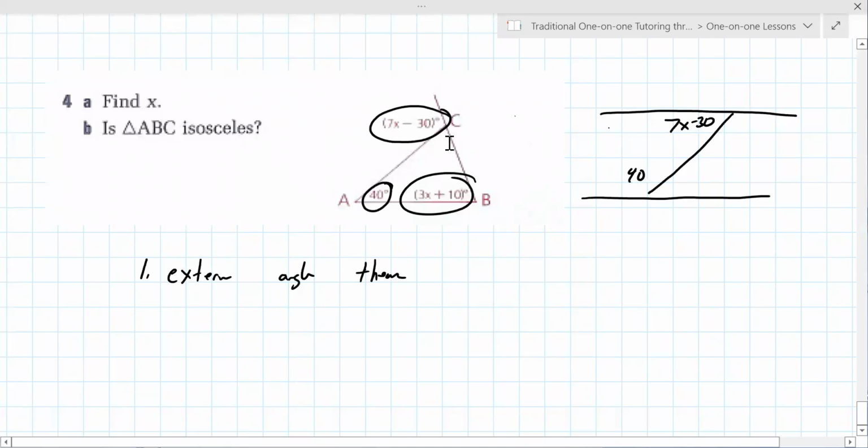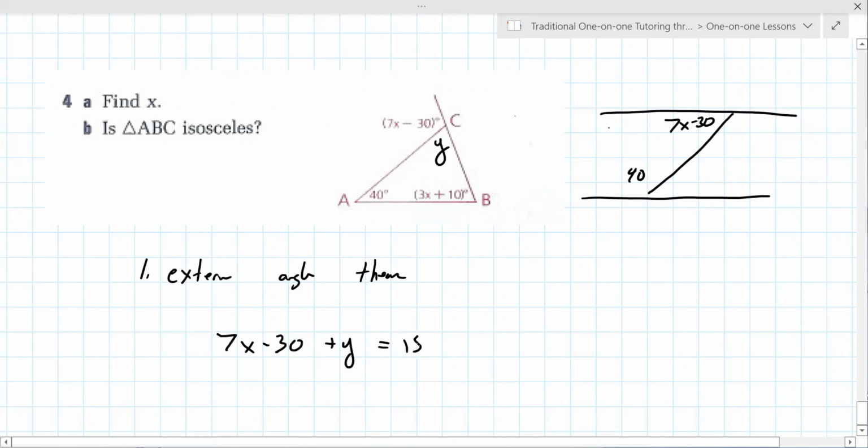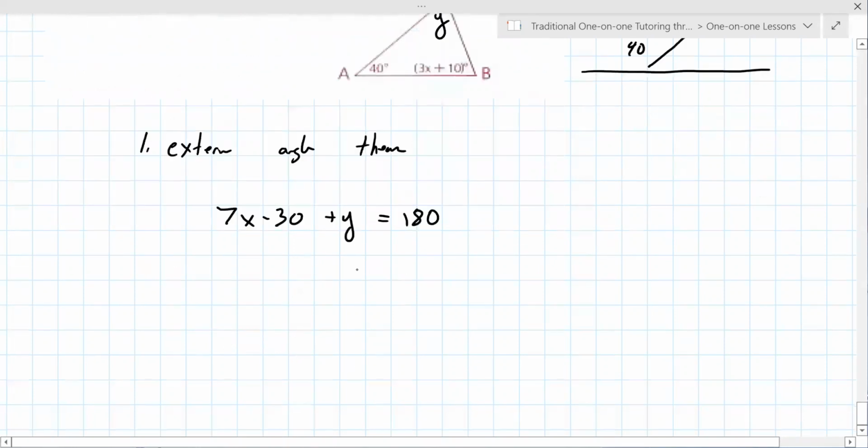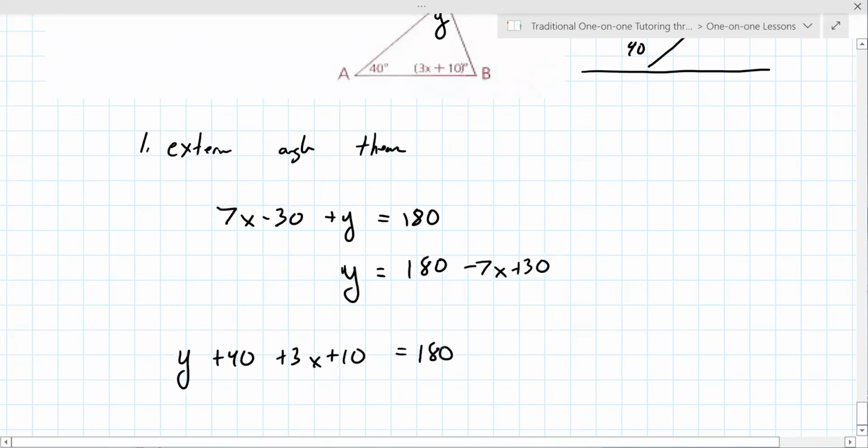The reason is, let's say you don't remember that. You're like, all right, let me call this y. So 7x minus 30 plus y equals 180. When we solve this, y equals 180 minus 7x plus 30. But then in the triangle, y plus 40 plus 3x plus 10 equals 180, because all the angles in the triangle add up to 180.